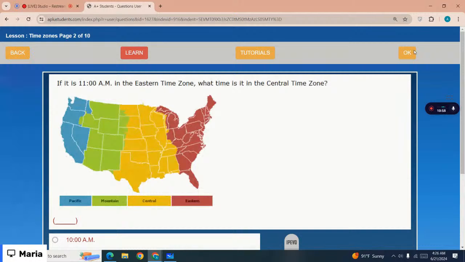If it is 11 a.m. in the Eastern time zone, what is its central time zone?